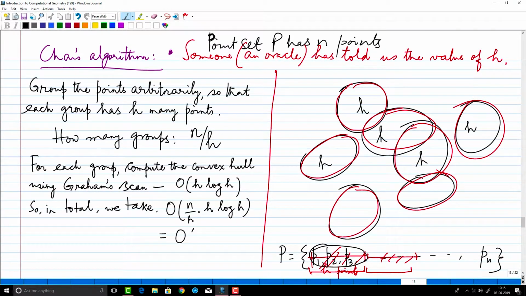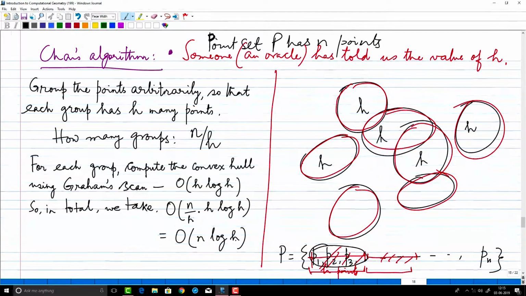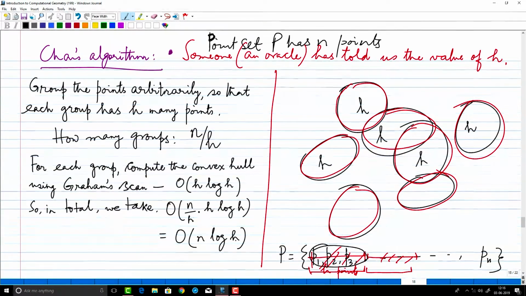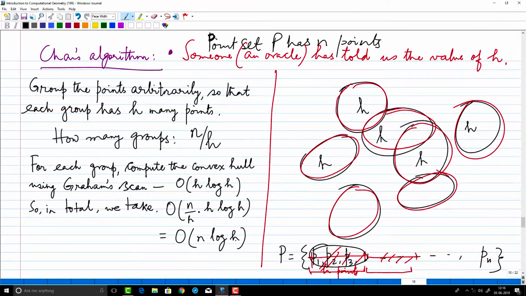So, this is order n log h. Agreed. So, in n log h time I have computed all these small convex hulls, each having h points. Okay. Now, what is the relationship between this order n log h and the geometric series order of r? We will come to that. So, keep these two things in the background of your mind.